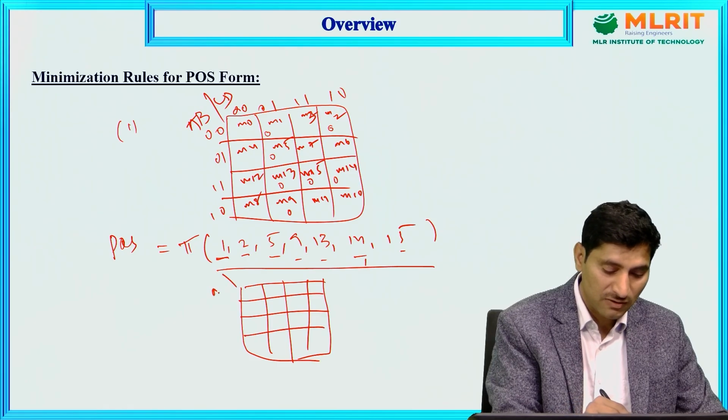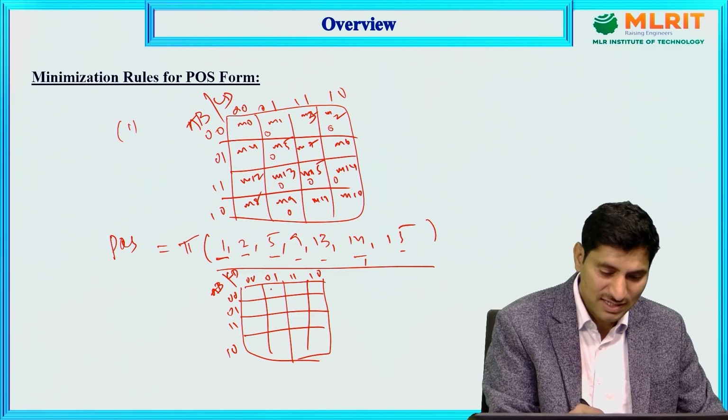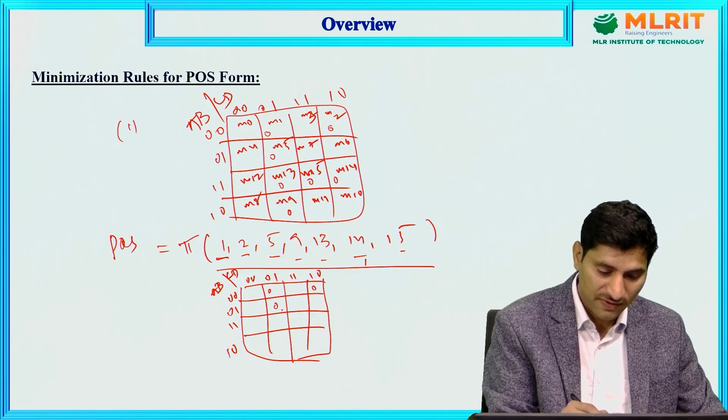So A, B, C, D 0, 0, 0, 1, 1, 1, 1, 0, 0, 0, 0, 1, 1, 1, 1, 0. So what are the marked cells here? M1, next M2, next M5, next M13, M15, 14 and 9.